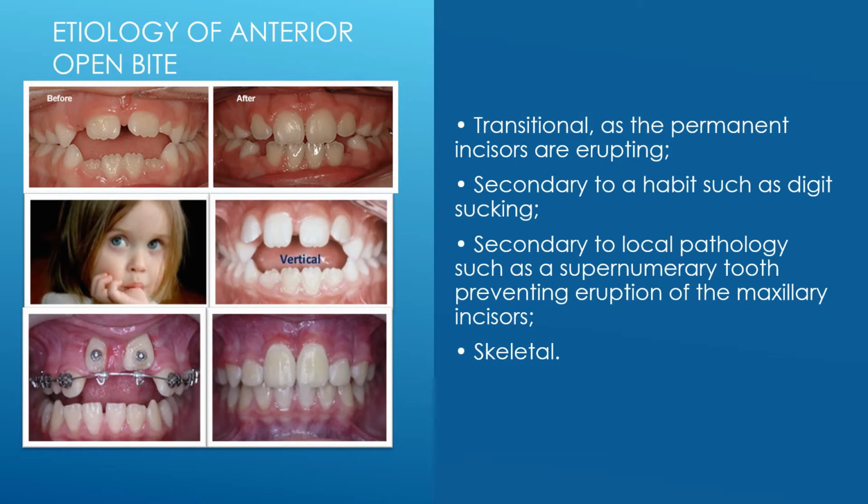The etiological factors of the anterior open bite can be transitional, when the permanent incisors are erupting. It proceeds in the early mixed dentition stage. Then it could be secondary to local pathology, such as a supernumerary tooth, which prevents eruption of the maxillary incisor.